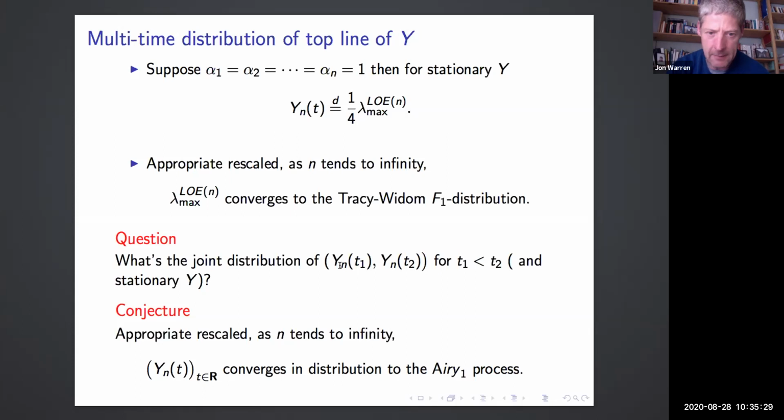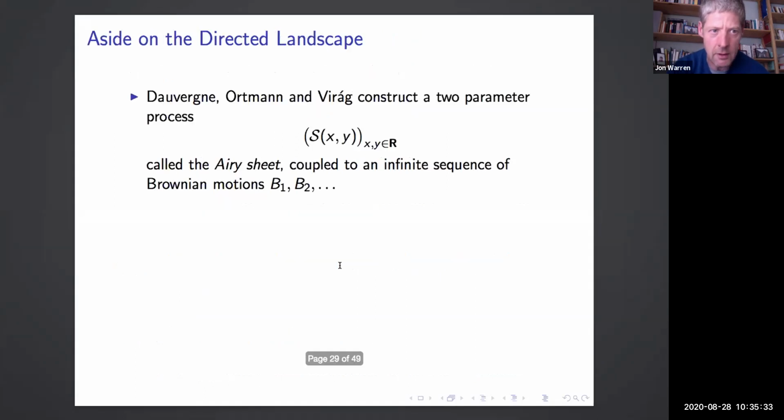But let me make an additional comment that seems relevant now, or more recently. So, the big breakthrough of the last year or so has been the construction of something called the Airy sheet, which is a 2-parameter process. Those of you who know what it is, fine.